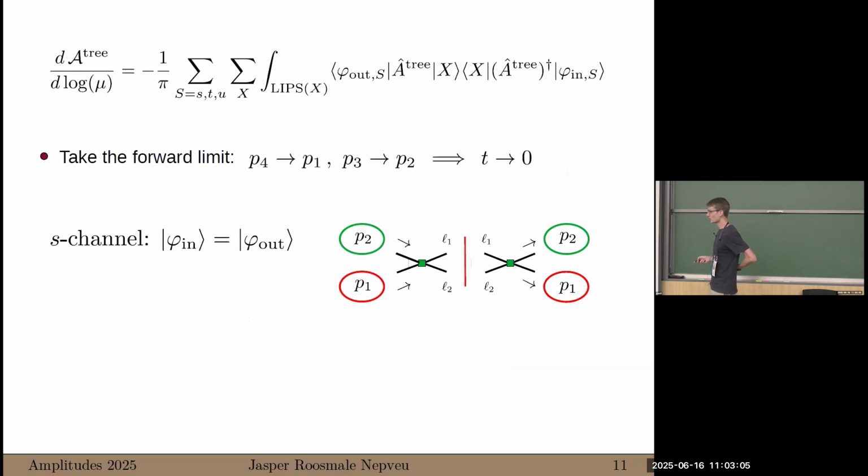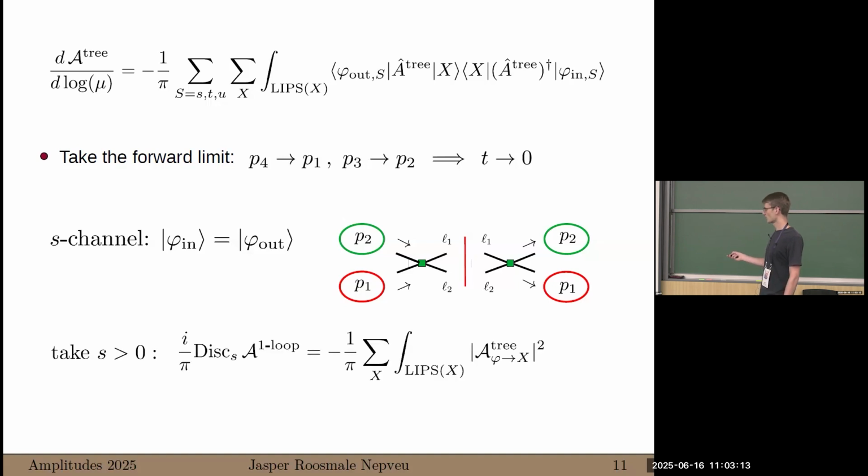First, the S channel. In the forward limit, the incoming state and the outgoing state are the same. So this phase-space integral simplifies into something which becomes the square of the amplitudes. And using unitarity, this can be related to the cross-section and is sign definite, which relates us to the statement that this discontinuity contributing to the beta function is sign definite.